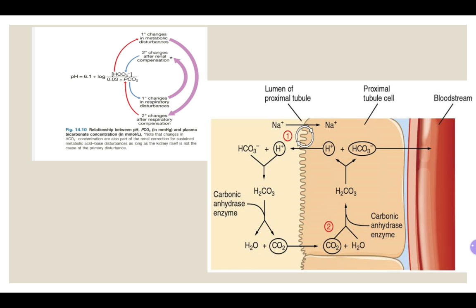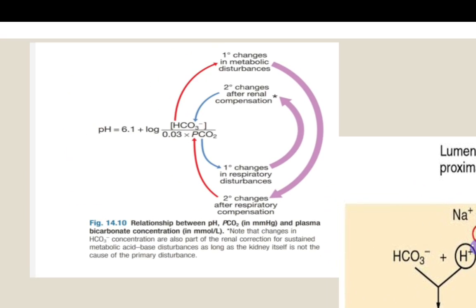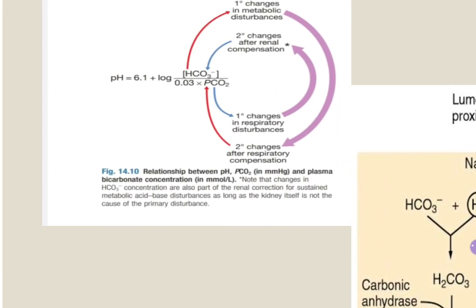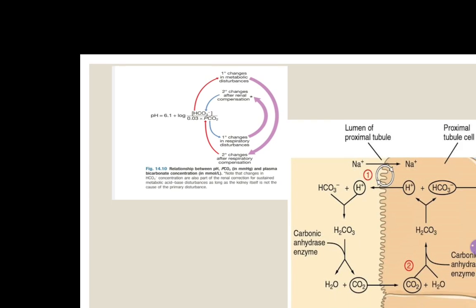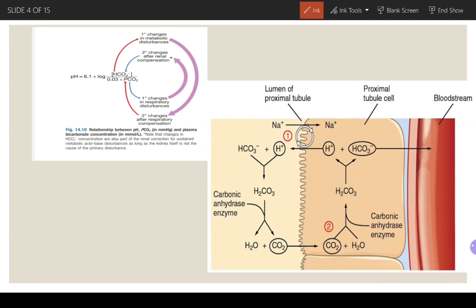How this occurs is that, looking at this diagram here, you have the formula of pH, which is equal to 6.1 plus log of HCO3 minus divided by 0.03 times PCO2.